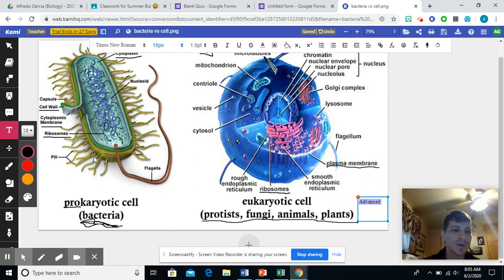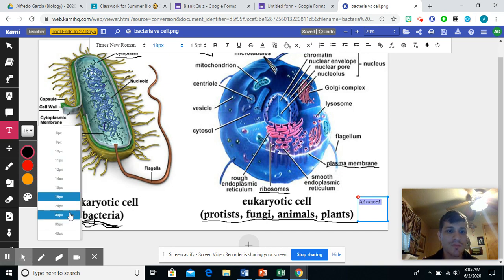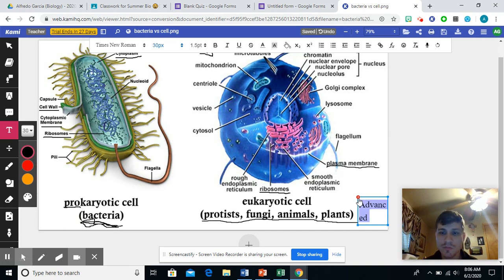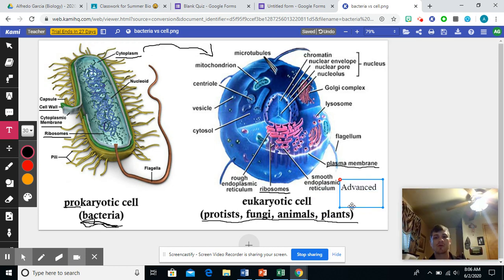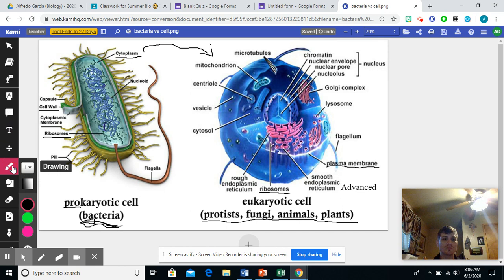See if I can make that a little bigger. And let's do this and stretch it out. So eukaryotic cells are more advanced.